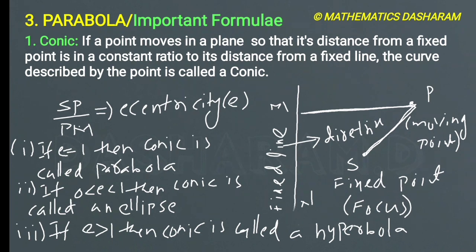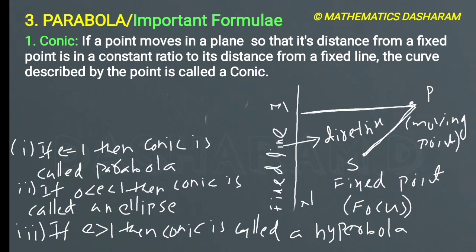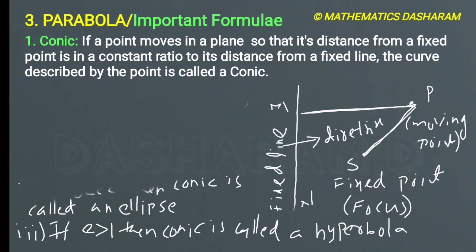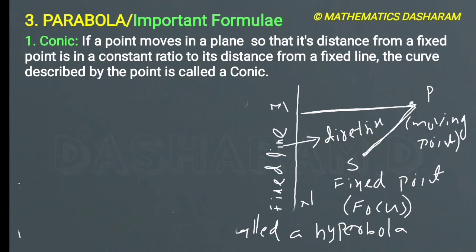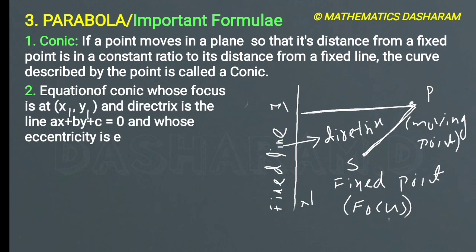Along with these three, we have one important formula related to the conic: the equation of a conic whose focus, the fixed point, is (x1, y1), whose directrix, the fixed line, is ax plus by plus c equals 0, and whose eccentricity is e.